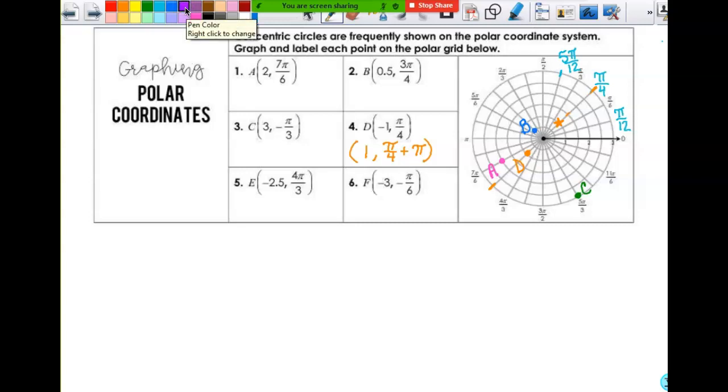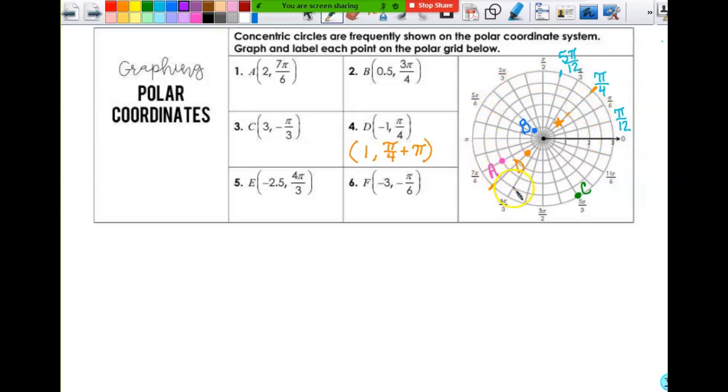You don't have to put the star when you do it, by the way. I just did that so you'd see where I was. Okay, so I would go to 2.5, rotate around to 4 pi thirds, which is right here.